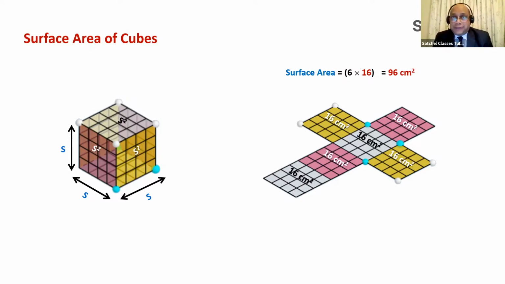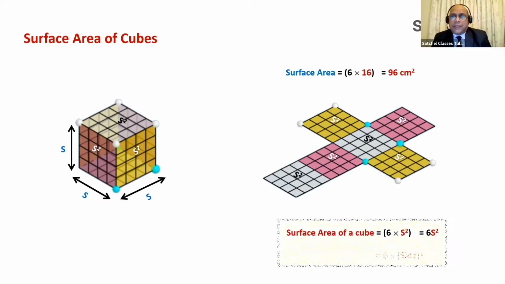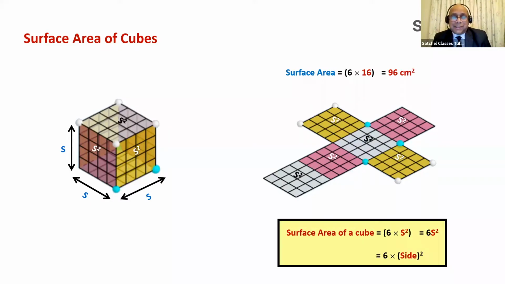There are 6 square faces, as you can see from the net on the right, each having an area of S squared. So 6 times S squared, which is 6S squared, is the surface area of any cube. Six times side squared: you square the side and multiply it by 6. Remember that formula. That's how you calculate the surface area of a cube.